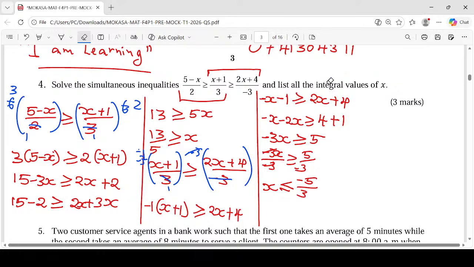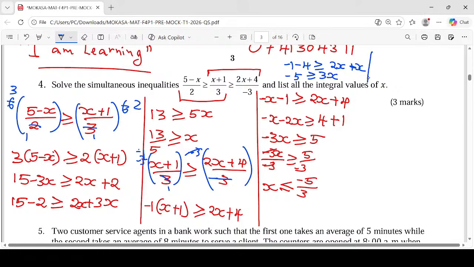There is something I want to see and iron out here. So I have negative 1 minus 4 being greater than or equal to 2x plus x. This will be now negative 5 being greater than or equal to positive 3x.